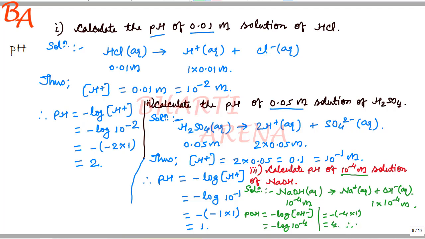Therefore, pH equals 14 minus 4 equals 10. We know that pH plus pOH equals 14. Therefore, pH equals 14 minus 4, that is 10.